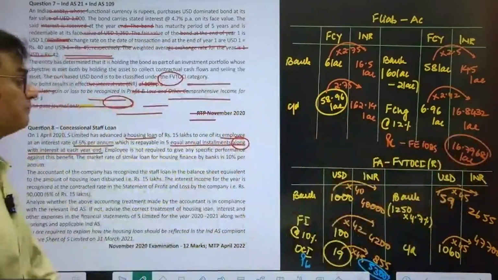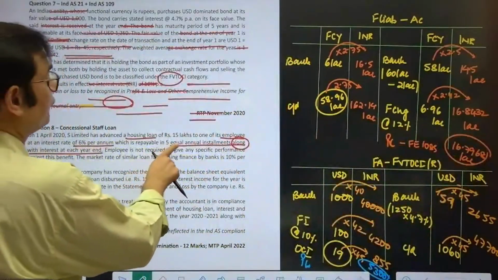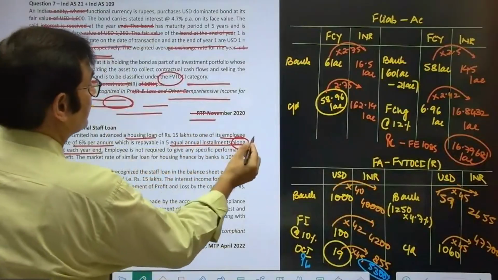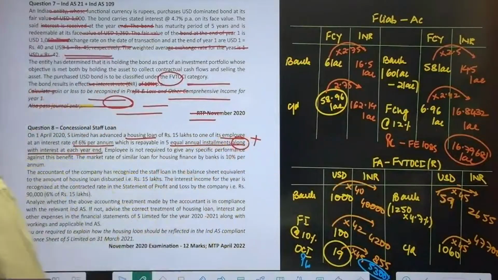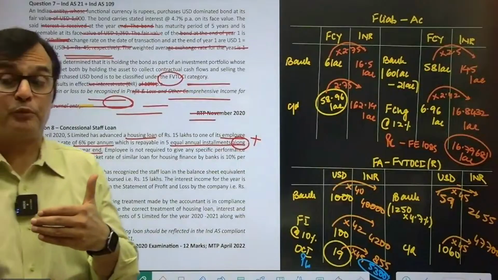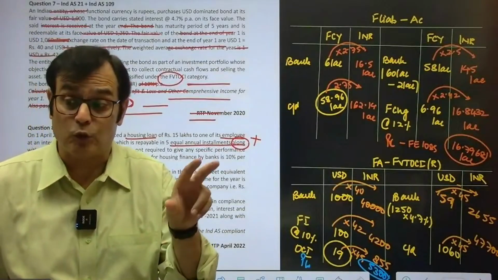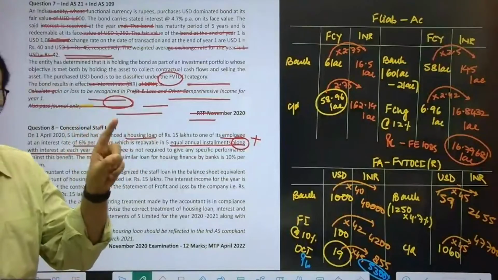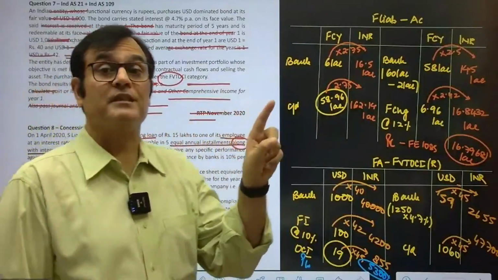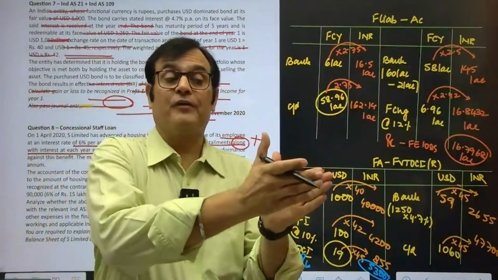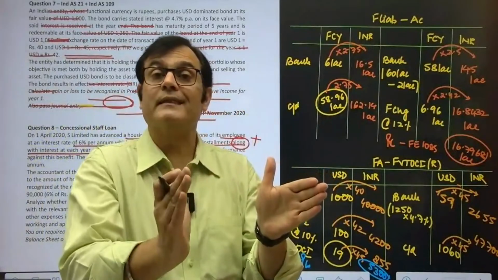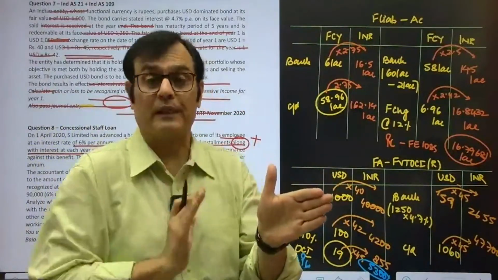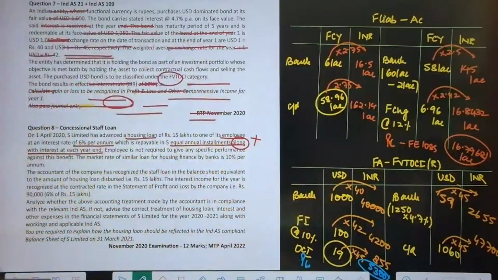Mind the language carefully. It says 5 equal installments, along with interest at the end of each year. So it will be 5 equal principal installments, plus the interest as well.